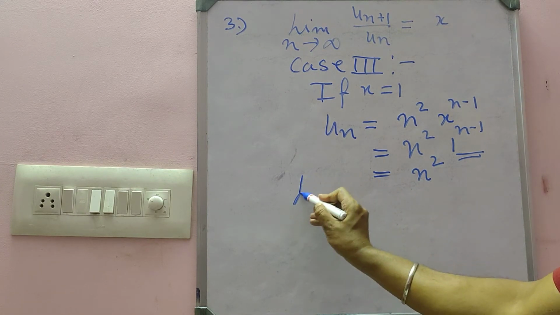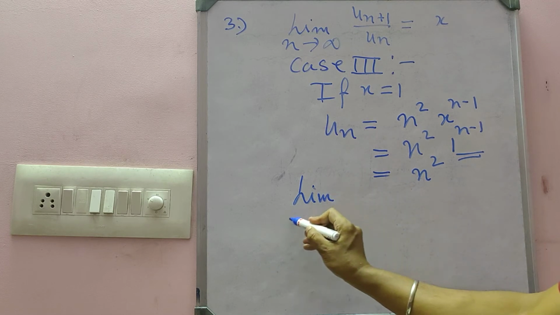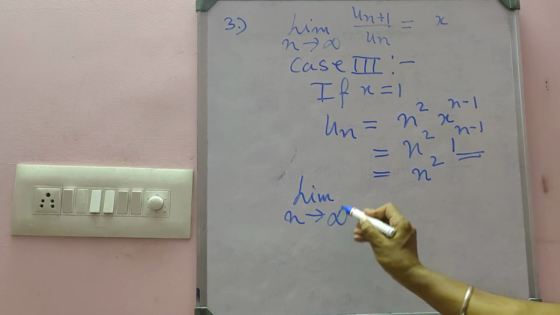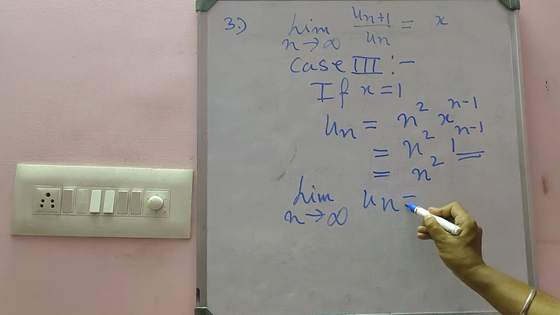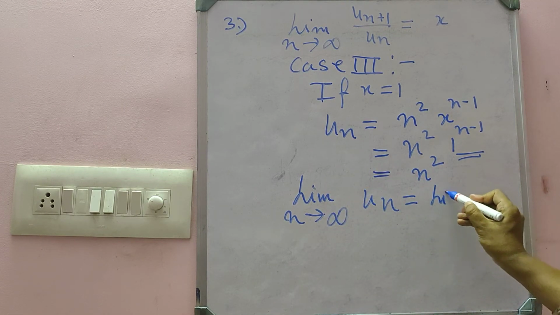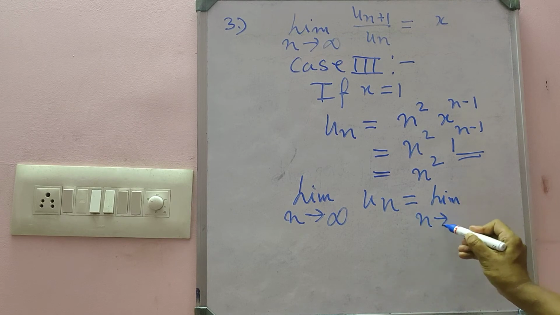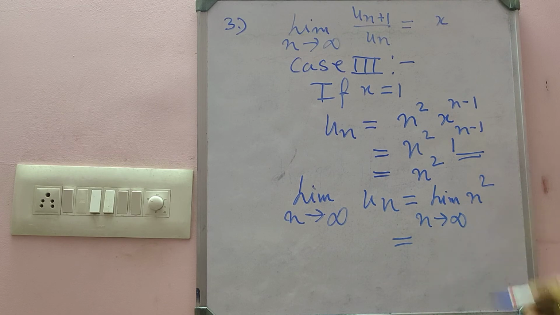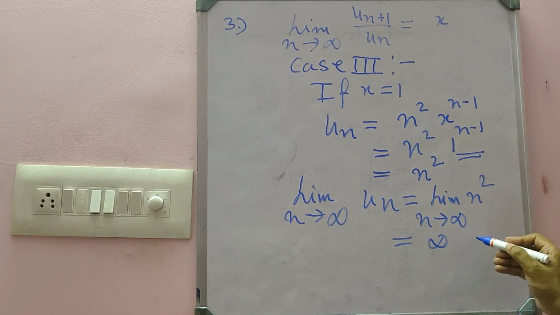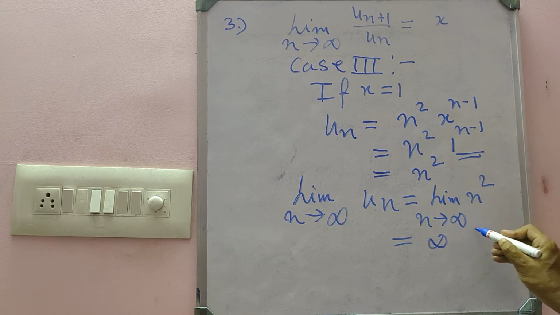So I have told you the necessary condition. What is the necessary condition? If limit n tends to infinity, un, what is your value? Limit n tends to infinity, n square, simply becomes infinity. Infinity is greater than 0.